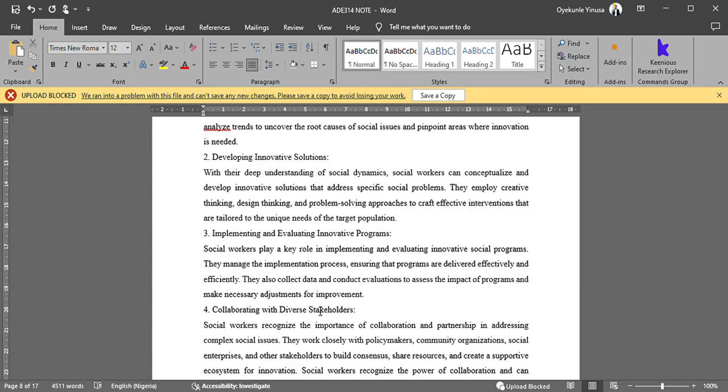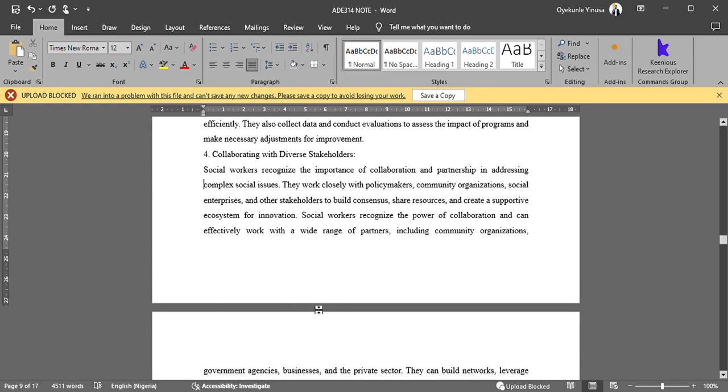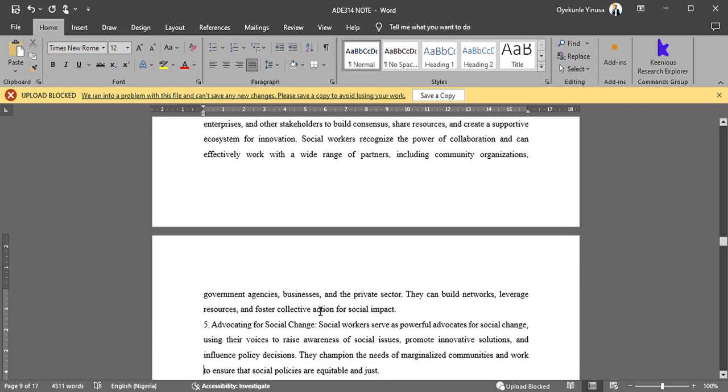Then the next thing is to implement and evaluate such solutions. And in the process, they must collaborate with diverse stakeholders, in the community and even beyond the community, to ensure the success of the project or the solutions they are bringing on board.